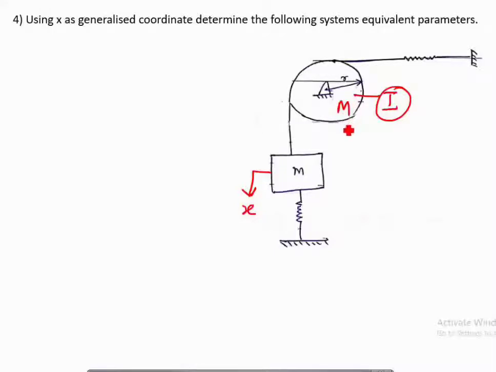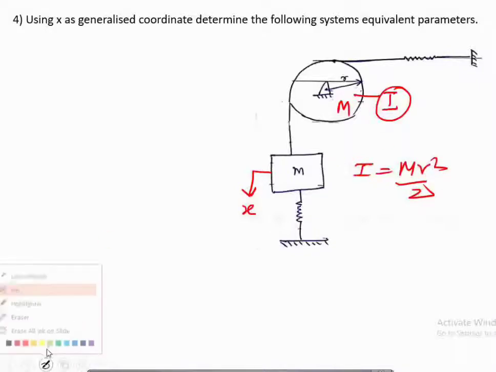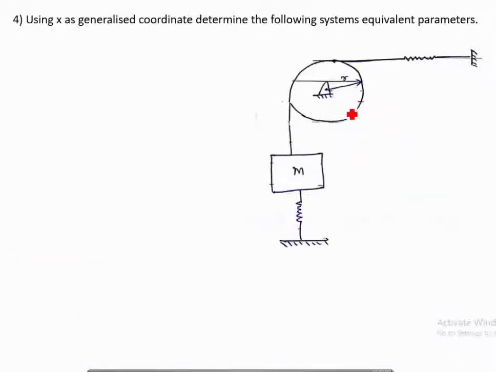And if they haven't given anything, you can assume it as I, or as capital N, because we know that I is equal to capital M R squared by 2, and R is nothing but the radius. In this case, I will assume the mass moment of inertia I, and let us say capital M is the mass of this particular pulley. Now very important, at point O the pulley is fixed.